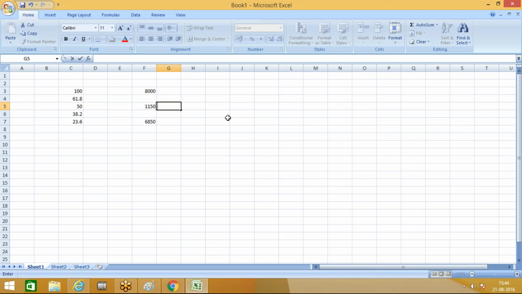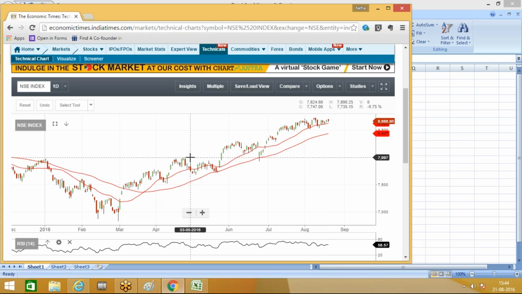So 1150 into 23.6% is about 270 points. So the first retracement from the 8,000 level will be of 271 points, so minus 270. So around 7730 is where the market should retrace to.